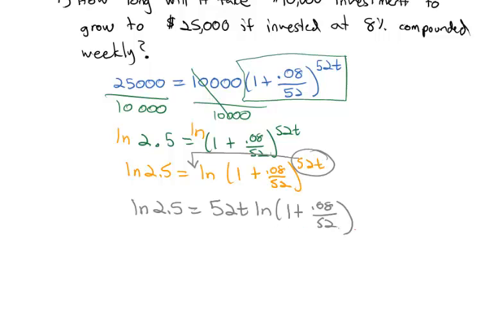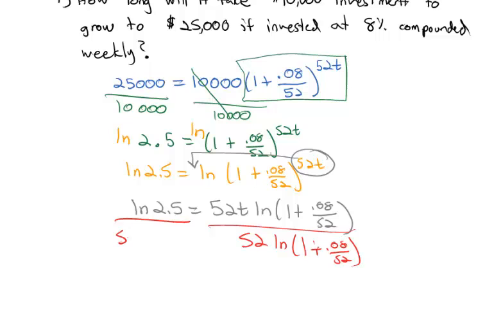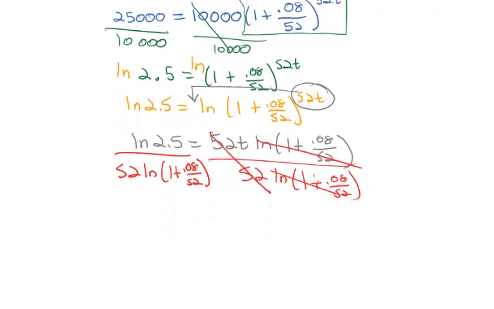Well, we're solving for t, so we'll divide by everything else, by 52 natural log of 1 plus 0.08 divided by 52 on both sides. So the 52s are gone, the natural logs are gone.